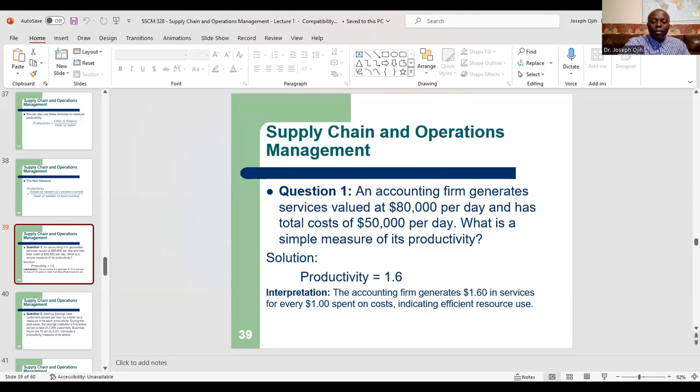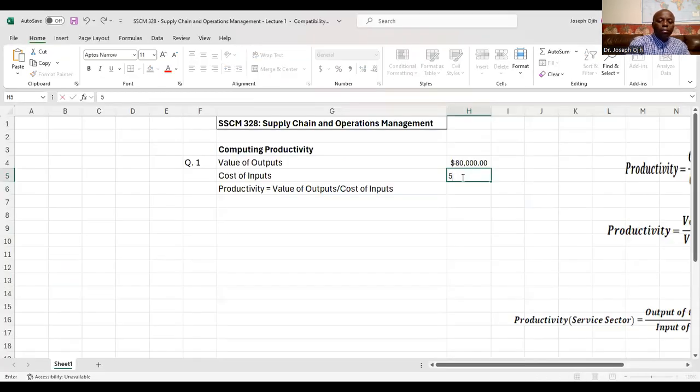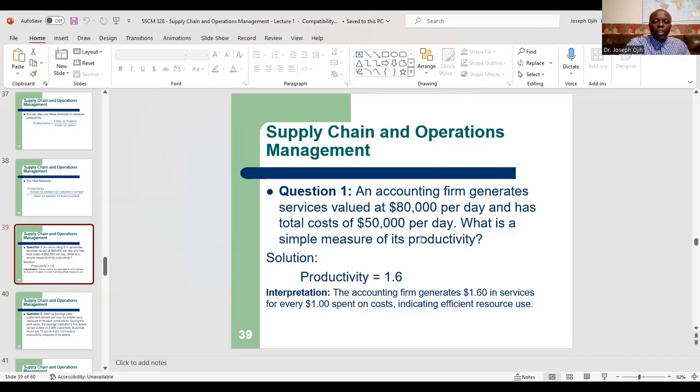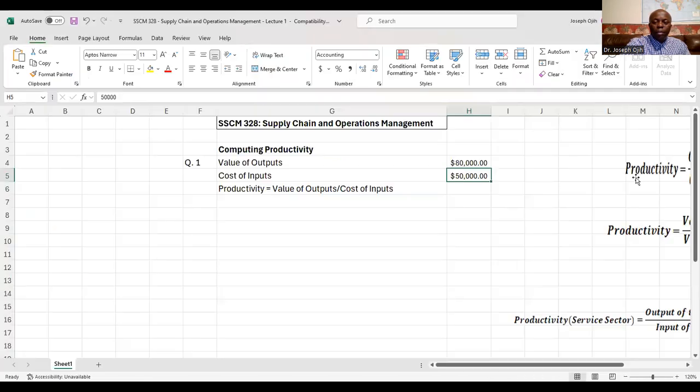So I'm going to put $50,000 there as well. The question asks what is a simple measure of its productivity. To calculate its productivity, we just use this formula here.